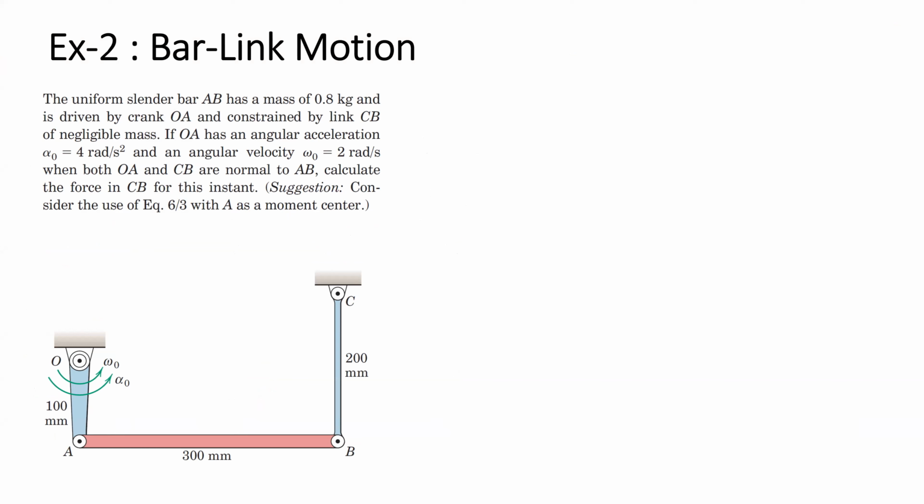What can we see here? We have a uniform cylinder bar AB, and they give the information of the mass of AB. AB is in the horizontal orientation, and AB is driven by the crank OA.